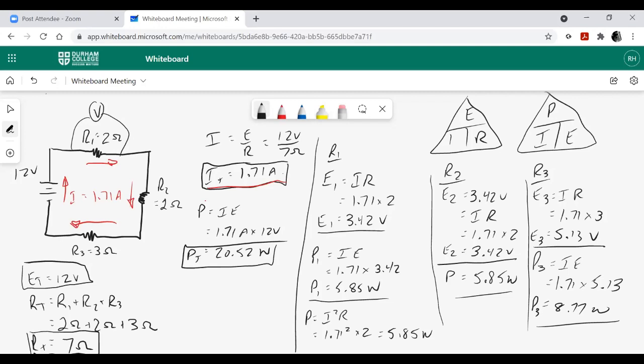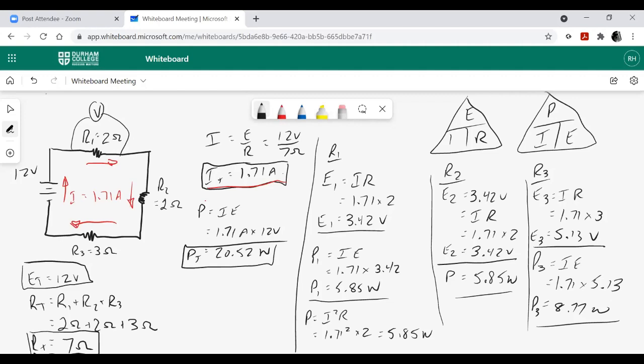So 19, 20 point something, close to 0.5. So we're pretty close there. Okay, again, it's not exact because we've incorporated a rounding error when we started way back here with the I by rounding this to 1.71. So every time I use it, and we've used it in every single calculation, I incorporate that rounding error, make it a little bit larger and a little bit larger. Okay, like I said, that's close. Even just doing it in my head, I'm within 0.5. Okay, that's proved to me that we're doing it right.